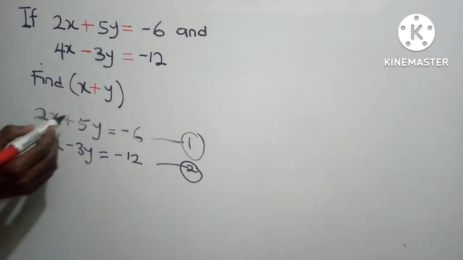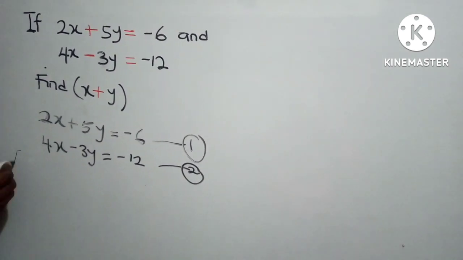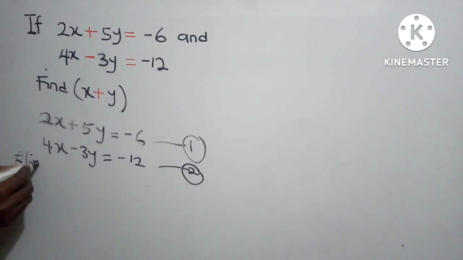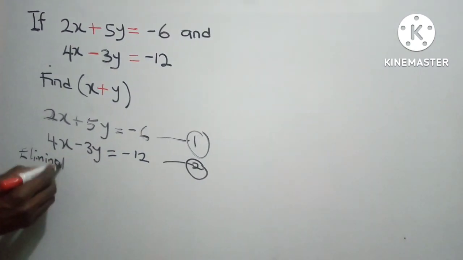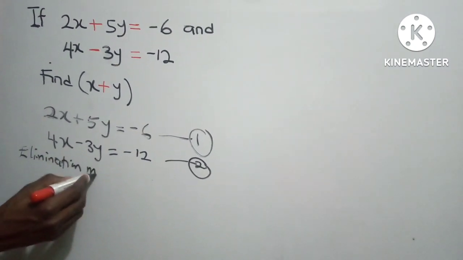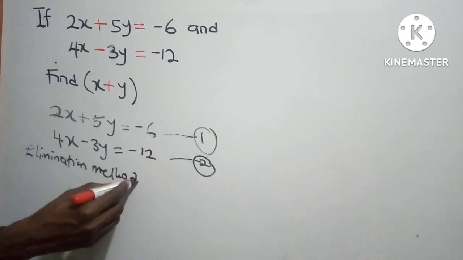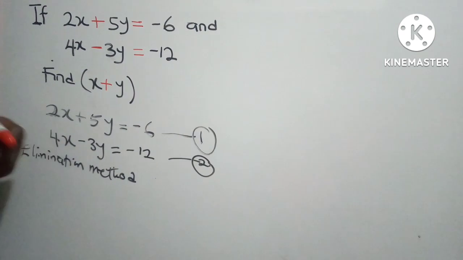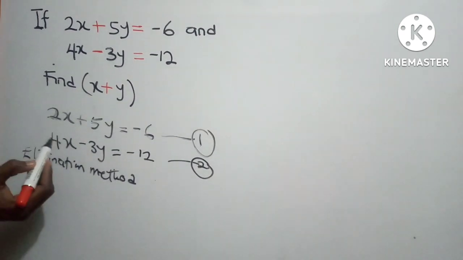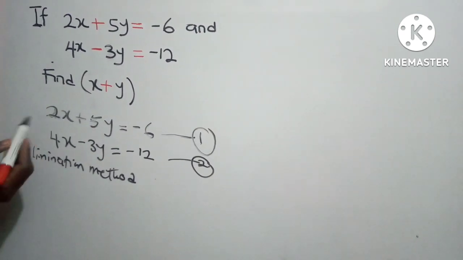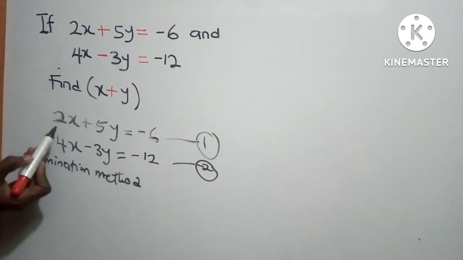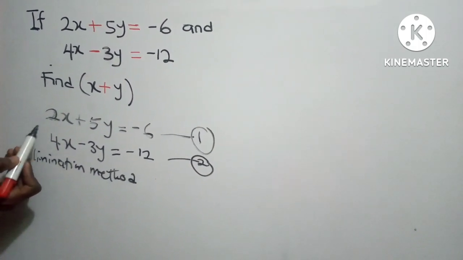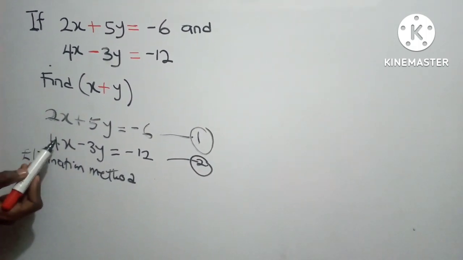So with these two equations, if we are to use the elimination method and we want to eliminate x, here we have 2x and here we have 4x. If we make this one also 4x, we can say equation 1 minus equation 2.